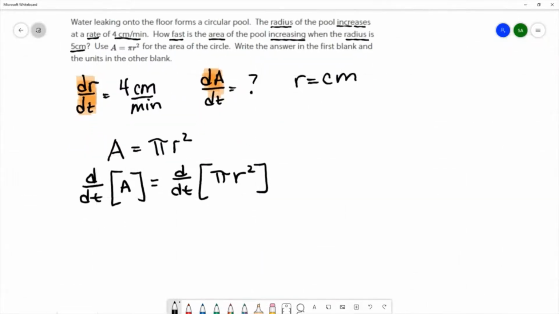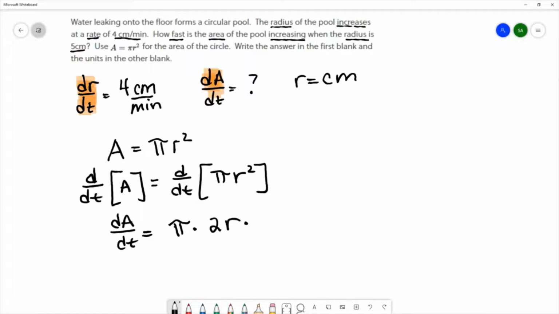So the derivative of area with respect to time is dA/dt. And then on the right, pi is a constant, so we'll carry that down. We want to calculate the derivative with respect to time on the radius squared. So that will be 2r.